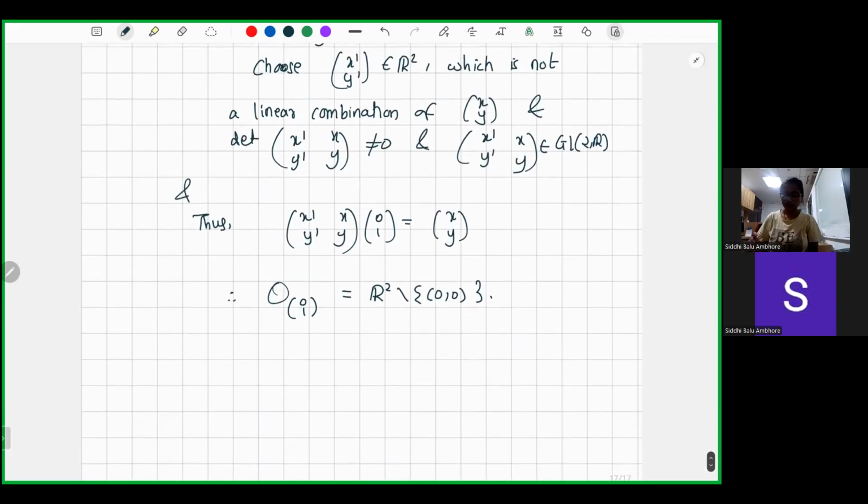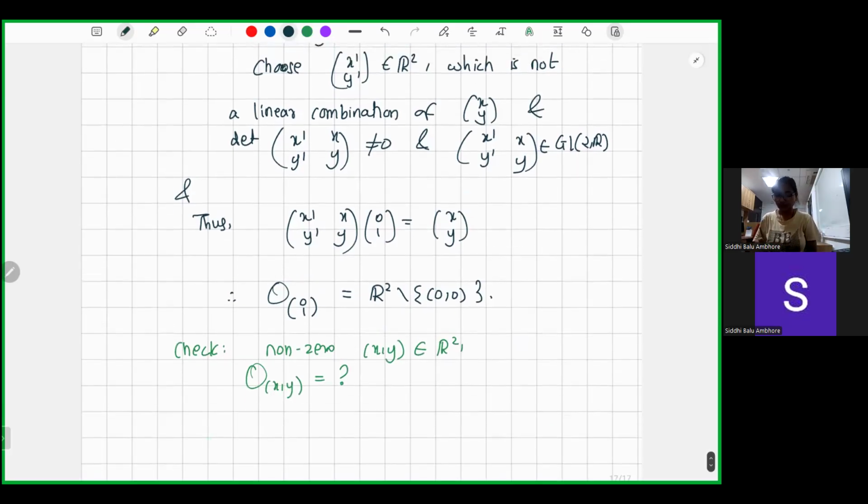What about any element? Do this as an exercise: check that if I take any non-zero xy in R2, what will be the orbit of xy? And try to see how it works.